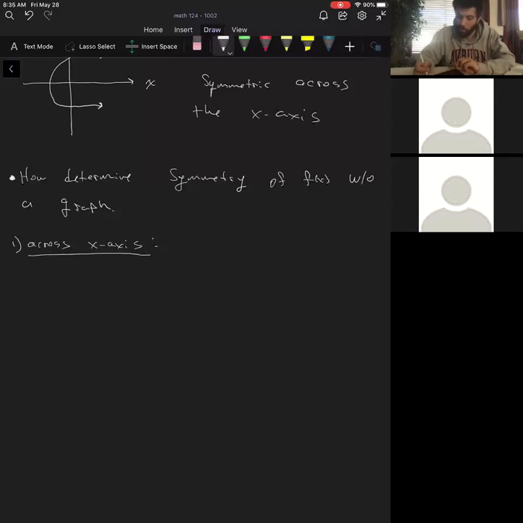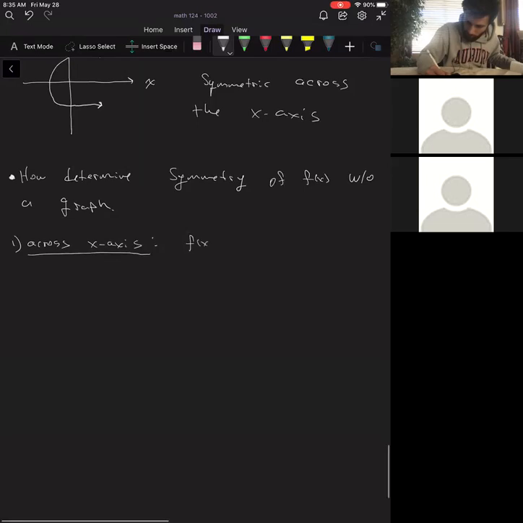If you're symmetric across the x-axis, what this means is... sorry, let me look this up. I think f of x has to equal minus f of x. Oh, wait, no, not that one. Where are we at? Right. So you're symmetric across the x-axis if f of x is equal to minus f of x.